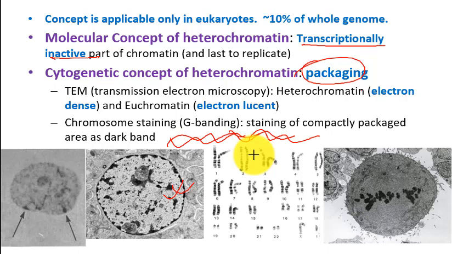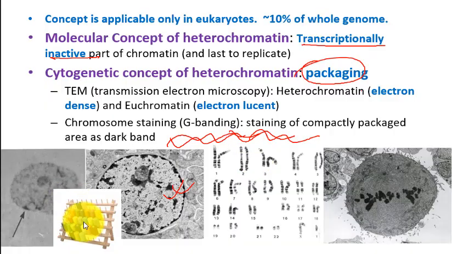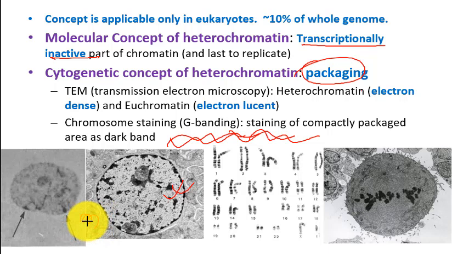DNA is a fragile type of molecule, liable to damage. So what the cell does is, the part of DNA which is not in use, they package that DNA, the way we fold threads and put them in a shell, and they generally put that DNA in the periphery.